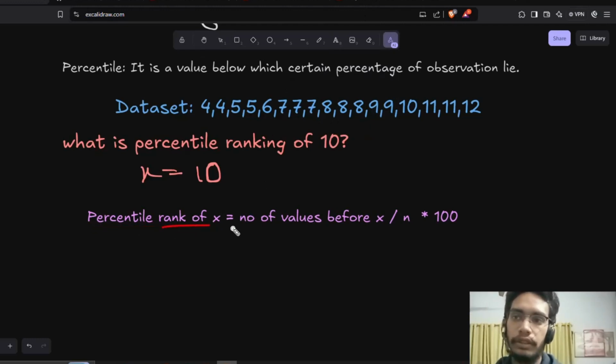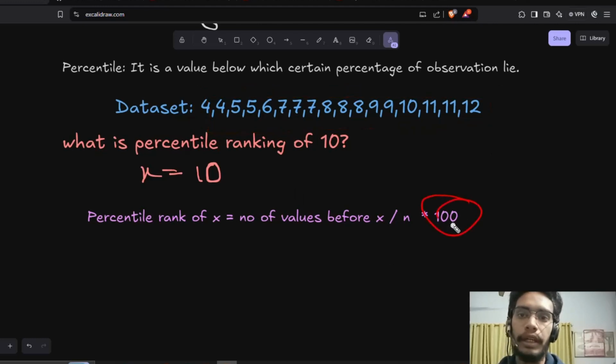Percentile rank of x, in our case x is 10, or any given number, equals the number of values before x, the total number of values that are present before x. If our x is 10, then these values are the total numbers before x, right? And divided by n. What is n? N is the total number of observations that are present in your data set, right?